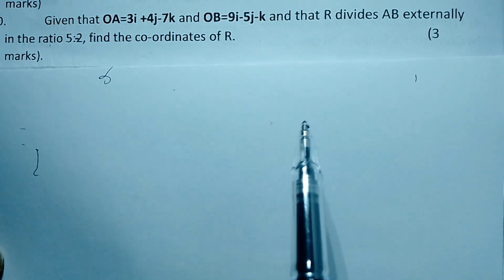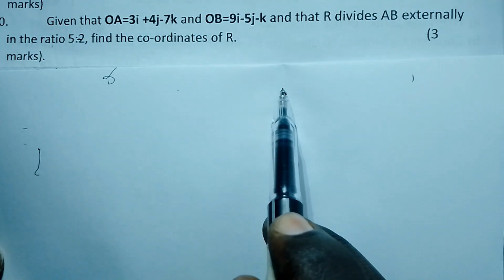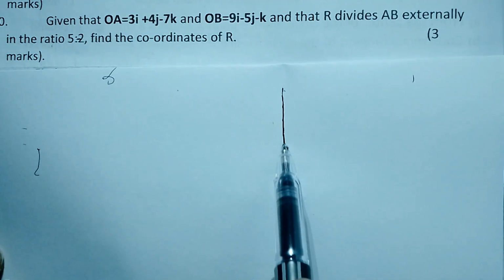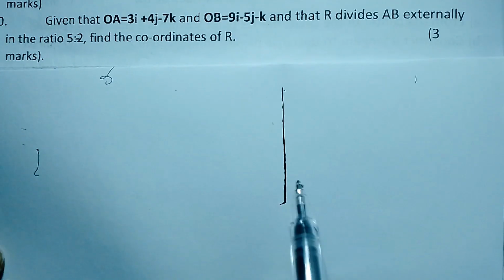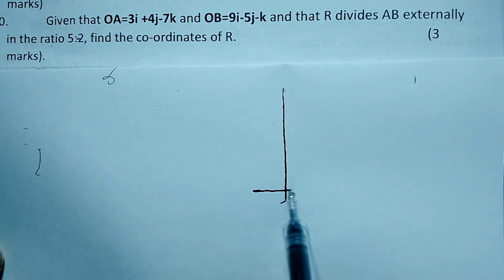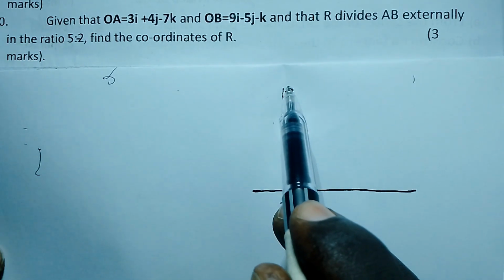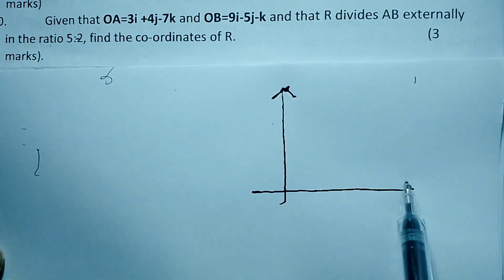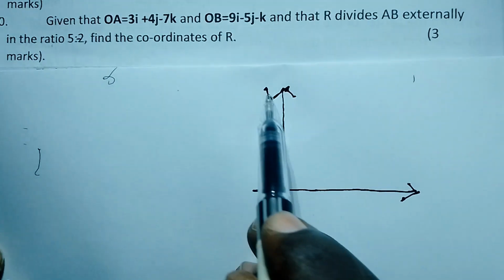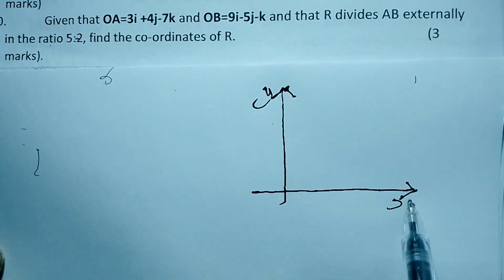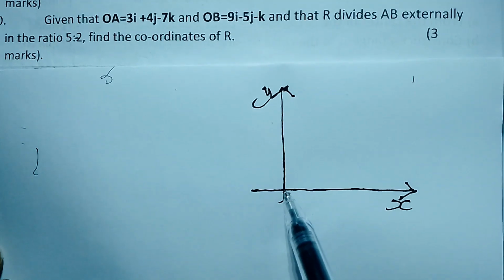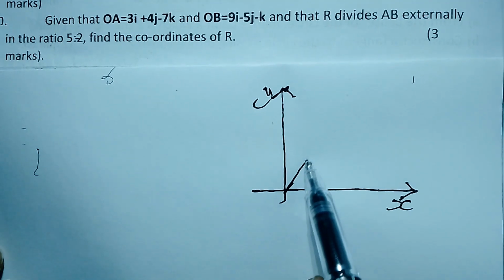Now we have two vectors A and B and a point that divides the vectors externally. So on the Cartesian plane, we can present these vectors.